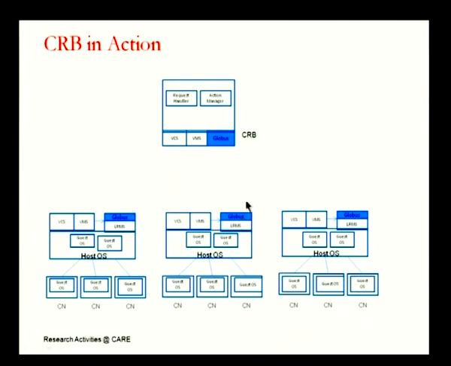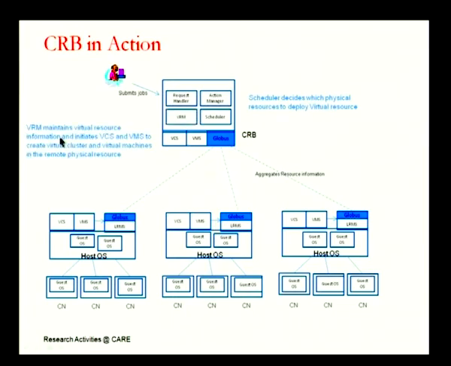See, this is the CRB, and you have the different resources. Whenever the job is submitted, you have the scheduler, which decides where to deploy the virtual resource. Then we have the virtual resource manager, which maintains the virtual resource information, and the virtual cluster service and virtual machine service, which will create the virtual cluster or virtual machine respectively. So, it invokes the virtual cluster service, because in this physical machine only it is possible to create the virtual cluster.